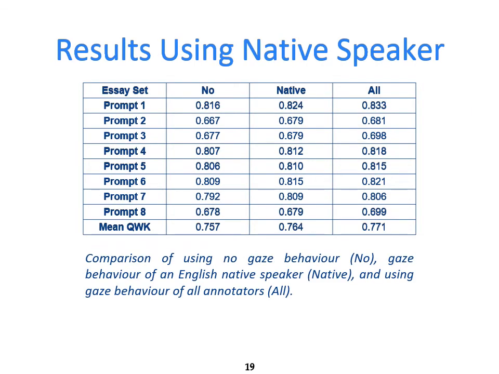We also ran experiments using a native speaker alone. So here from this table we see that the results where we use the gaze behavior of the native speaker are better than using no gaze behavior at all, but they're still worse than when we use the gaze behavior of all the annotators.